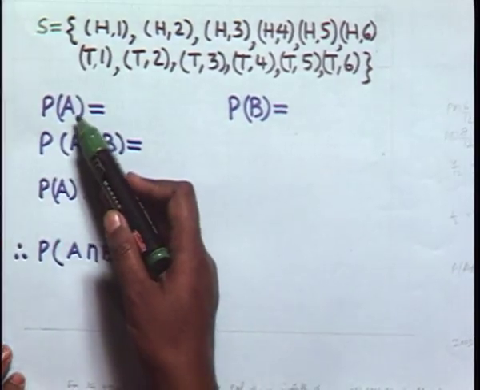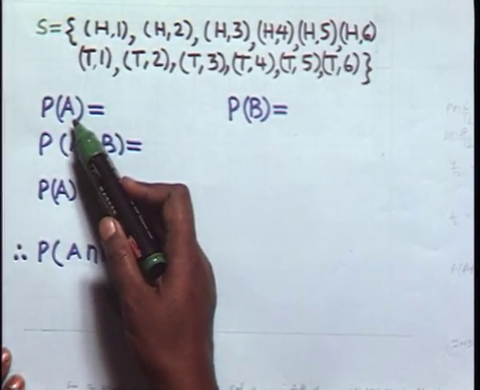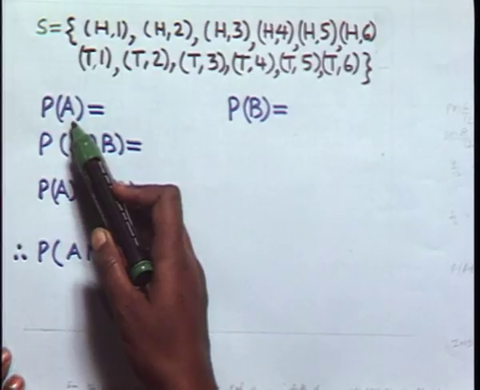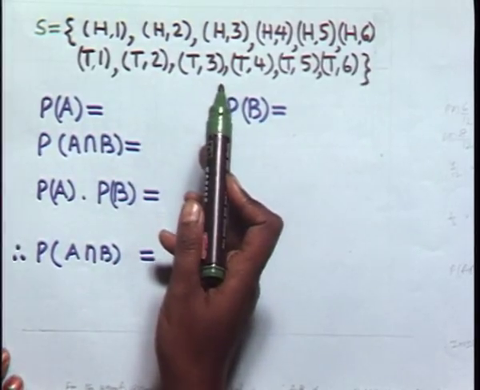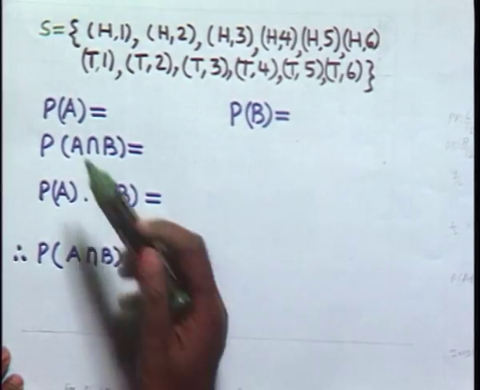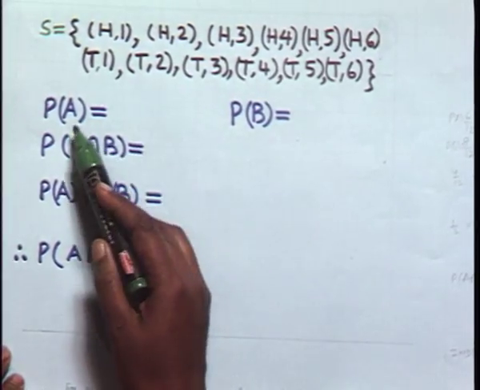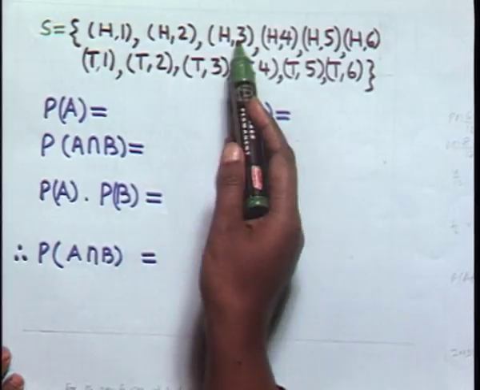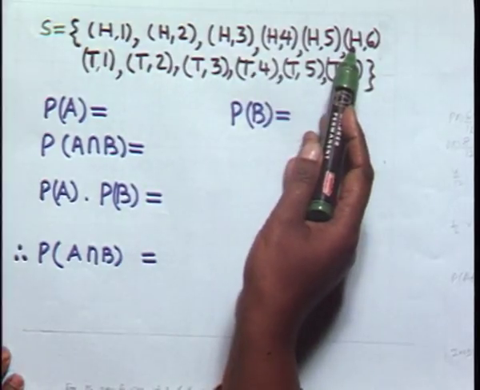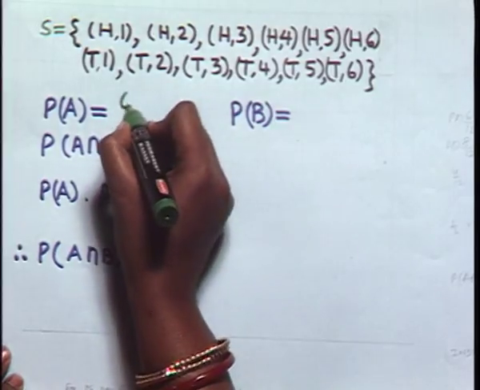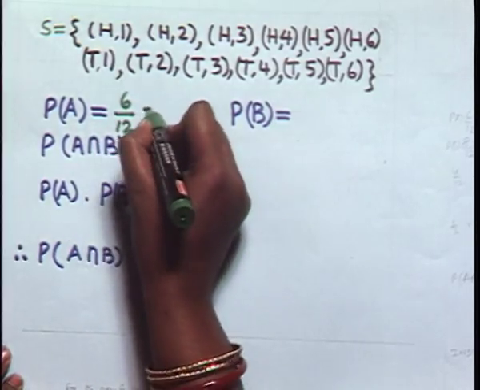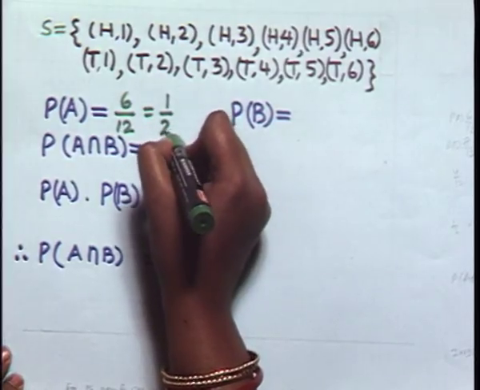Now, event A, which was defined as getting a head, is also associated with this combined experiment, and for this combined experiment, there will be 6 favorable outcomes for event A, and therefore, probability of event A will be 6 upon 12, which is equal to 1 upon 2.